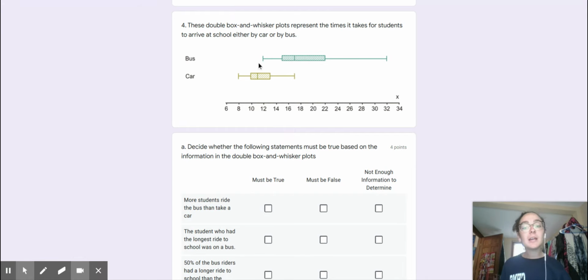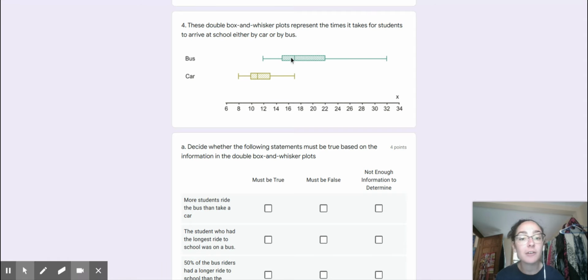So the way we figure that out is we look for this maximum number on my car. And my maximum number, if we come down all the way to the number line, is going to be a 17. And if I follow it up to where my bus is, ooh, look at that. My maximum for my car and my median for my bus fall at the same number, the same amount of minutes. So that means this bottom half, right?